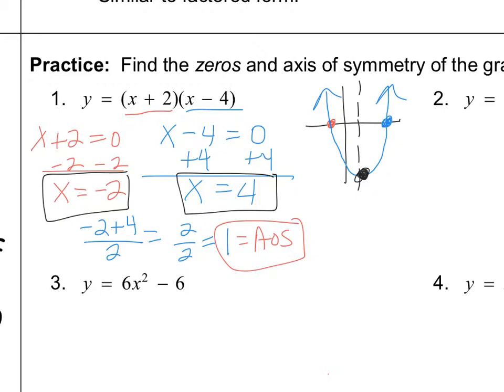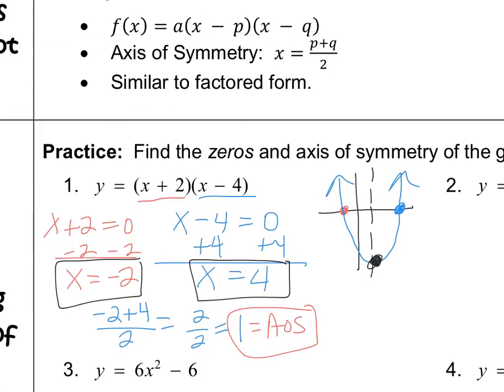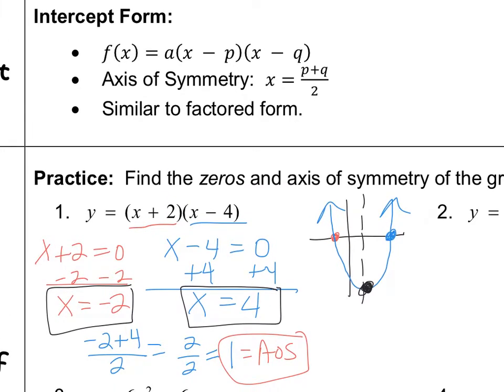Now they gave us a formula. It's a very fancy and lovely formula that's basically saying p plus q divided by 2 is my axis of symmetry. So I want you to look for a minute at this pattern, because in our intercept formula we've got x minus p and x minus q. But when we look right here, I've got a plus and a minus. What is my p value in this case?